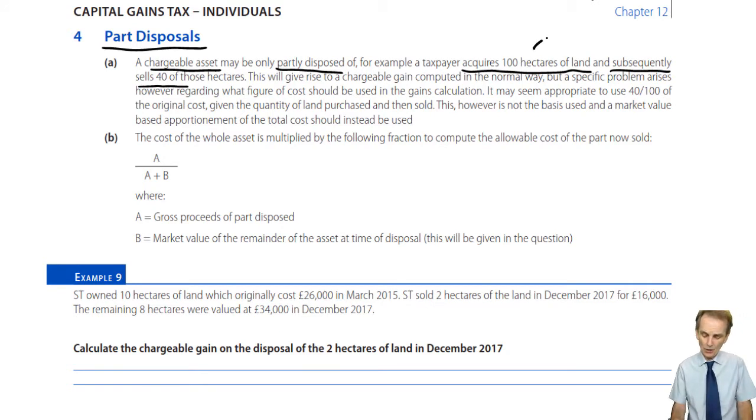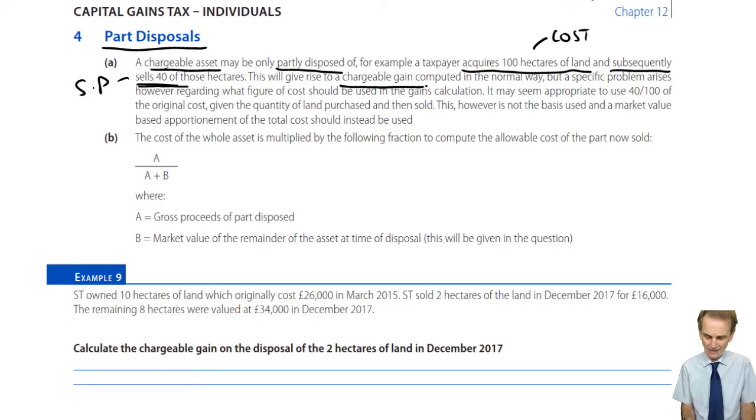So what we know the cost of is the 100 hectares. What we can now deal with on the sale is we know the sales proceeds of the 40 hectares. Now, of course, this disposal will give rise to a calculation, at least, of a gain. It could end up with a loss, but we're going to find a gain here in the normal way.